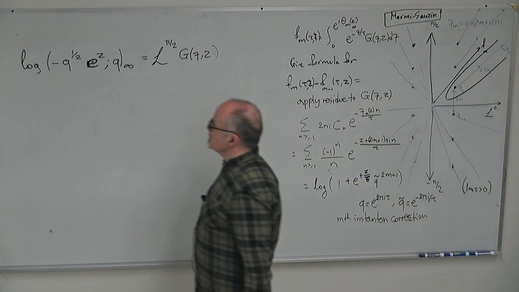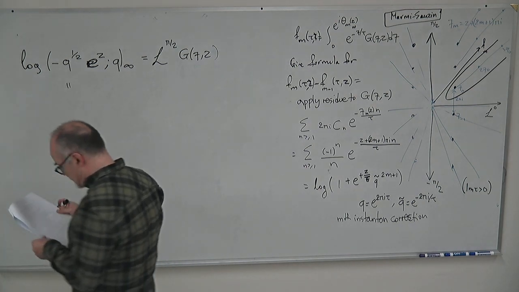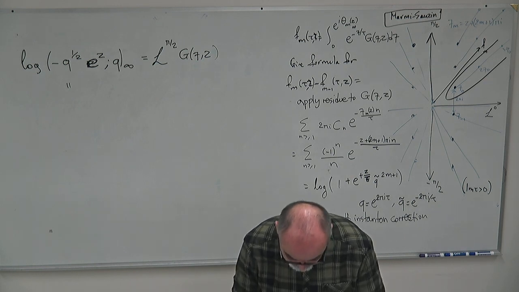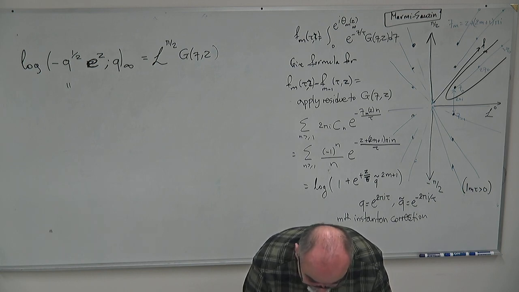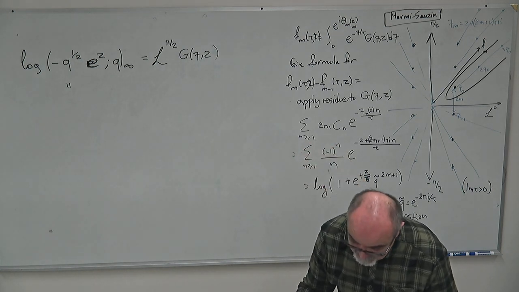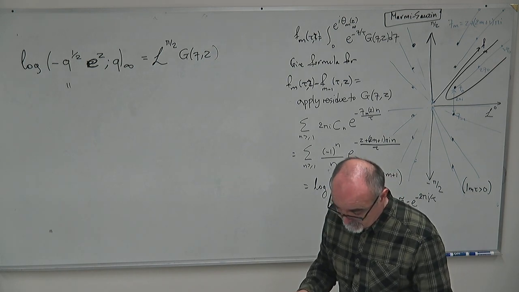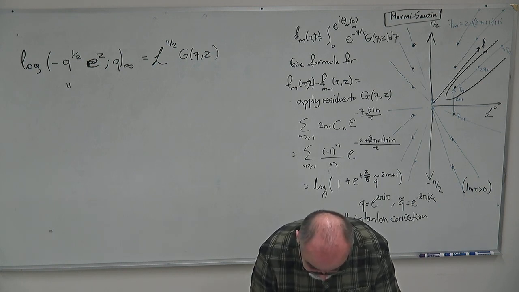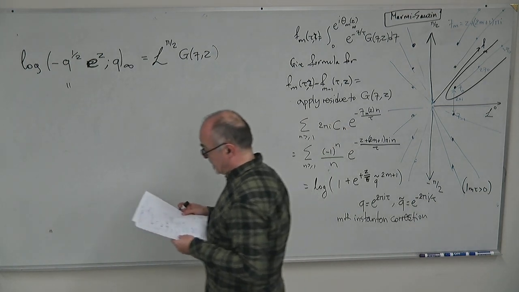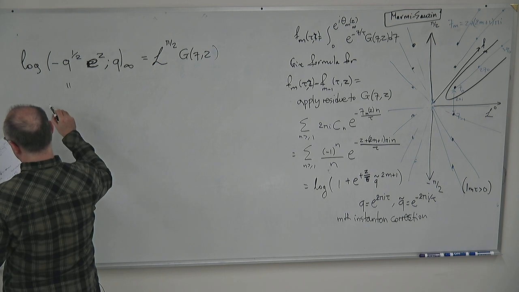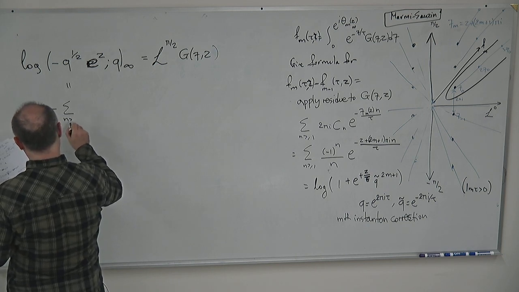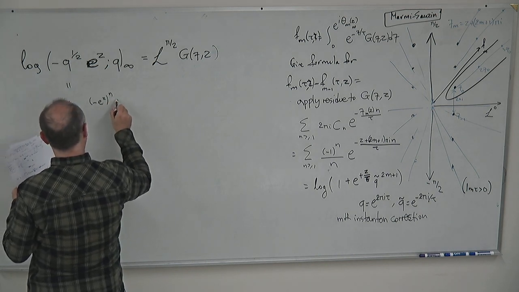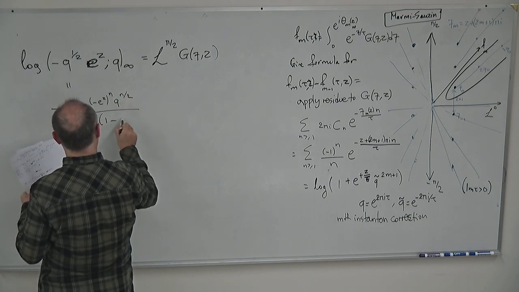And this integral satisfies our equation because, in fact, this integral is minus the sum over n greater or equal to 1 of minus e to the z n q to the n half over n of 1 minus q to the n.